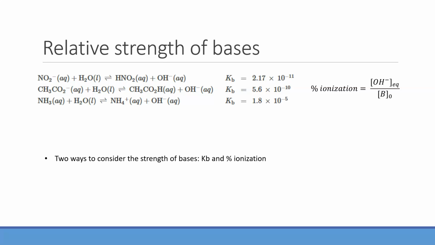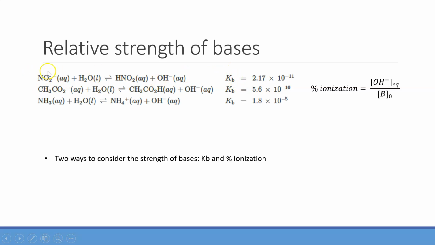For the relative strength of these bases, we see our top base here, the NO2 minus, has a Kb of 2.17 times 10 to the minus 11th. It is very unlikely to steal a proton from water to make hydroxide. That's what weak base means.